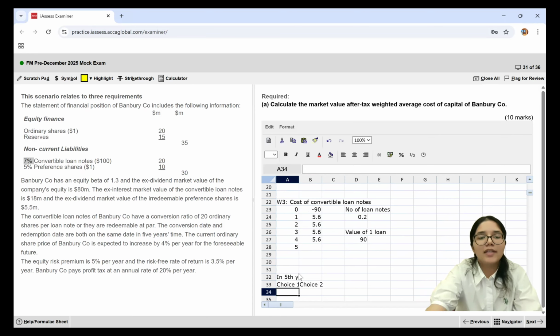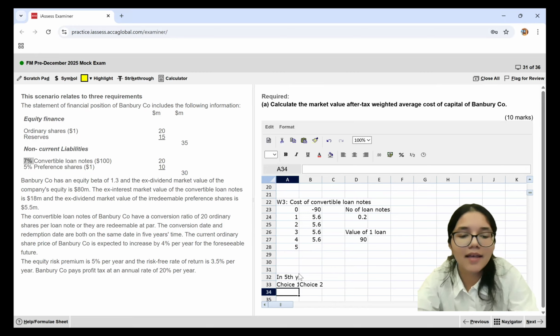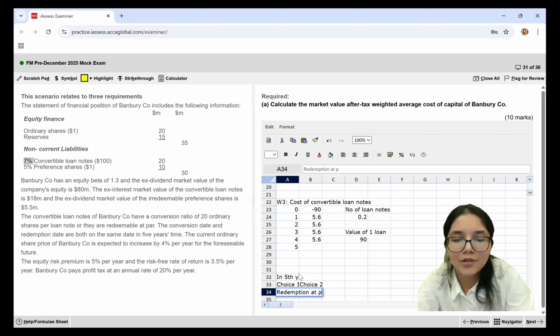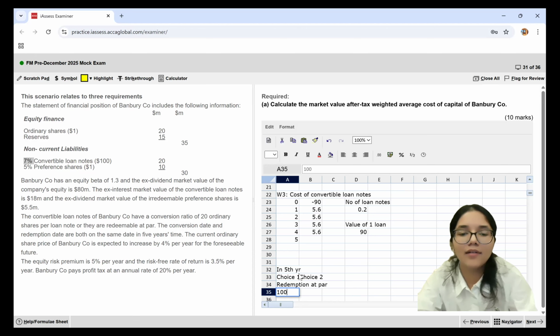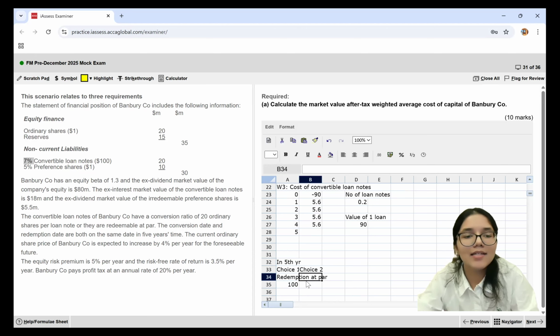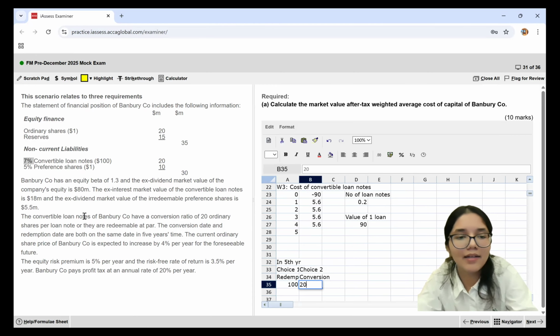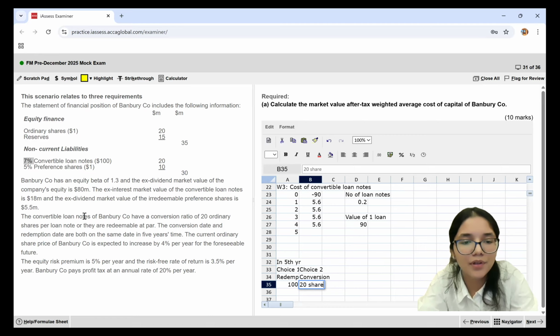Choice number 1 for them will be to get them redeemed at par. So redemption at par, that means they're going to get $100. Second, they can get conversion, where they are going to be getting 20 shares per loan note.